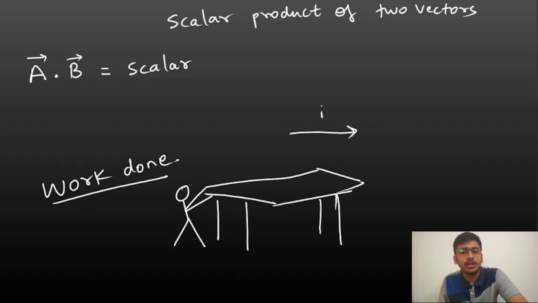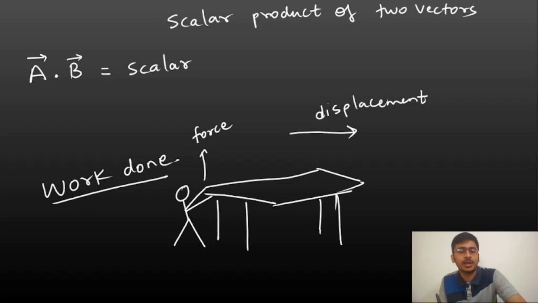Movement is nothing but I want its displacement in the I cap direction. But what if I apply force in the J cap direction? Obviously, it won't move in the I cap direction. Correct? So in this case, my force is not contributing to the displacement that I want.